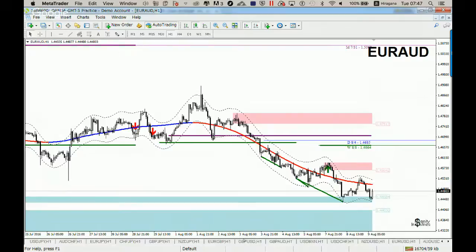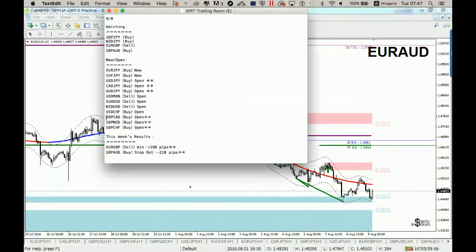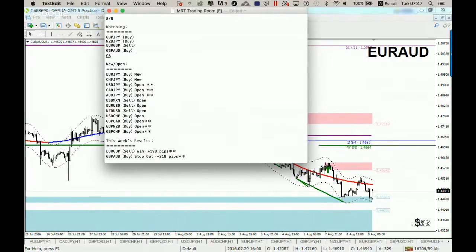Yeah, I think at this point in time, all I want to throw up on the chart is probably the pound dollar buy. Let's just put that on the watch list as an additional potential trade. We'll just keep watching that.